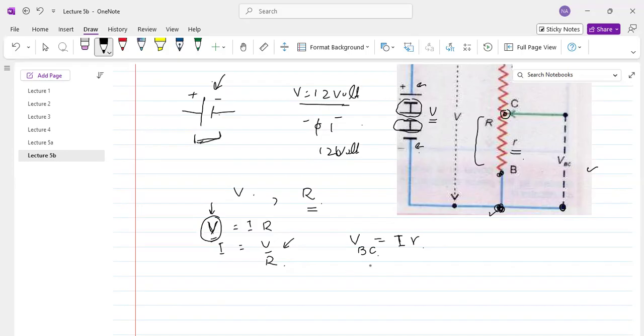Since the current is the same, the potential difference VBC can be written as I times r. What is I? V over R, times r.